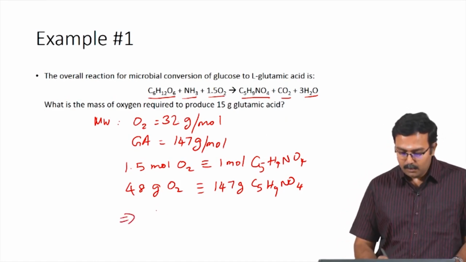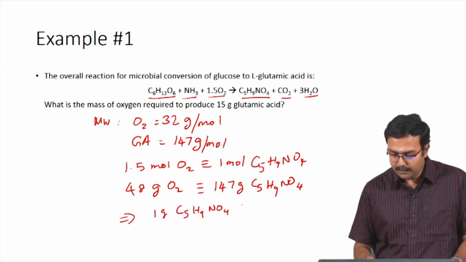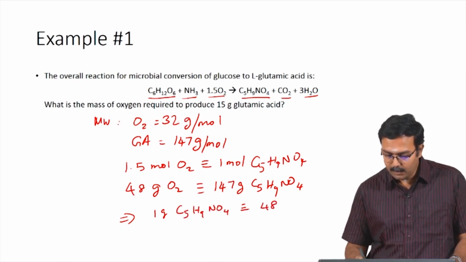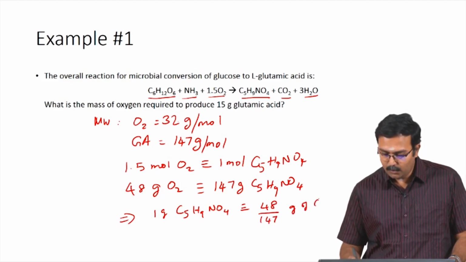This implies, so 1 gram of glutamic acid is produced by 48 by 147 grams of oxygen.